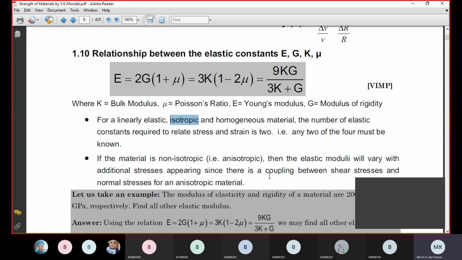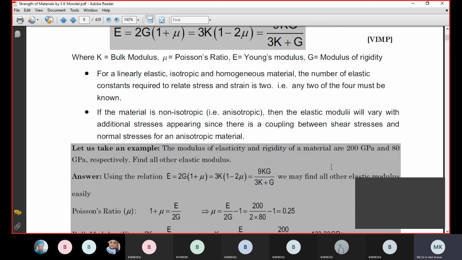So if the material is non-isotropic, the elastic moduli will vary. So even we have E1, E2, E3. If you get into composites, if somebody is interested in taking composites as an elective, maybe you can do it as a MOOCs course. And the elastic moduli will vary with additional stresses appearing since there is a coupling between the shear stress and normal stress.